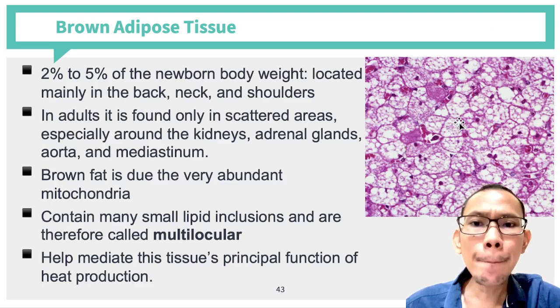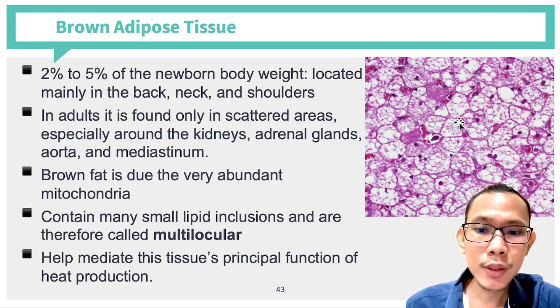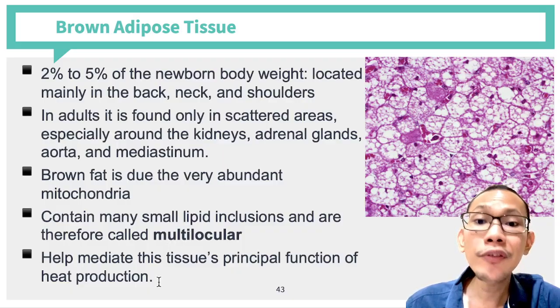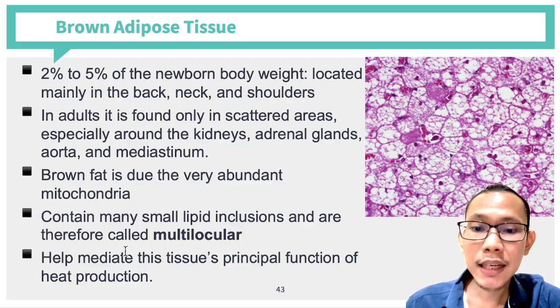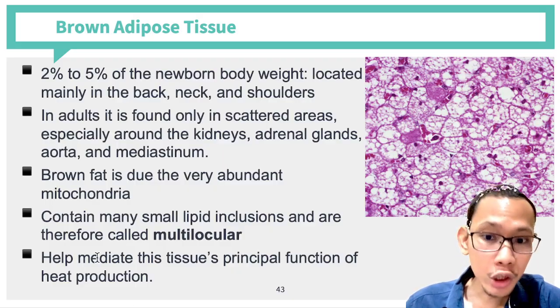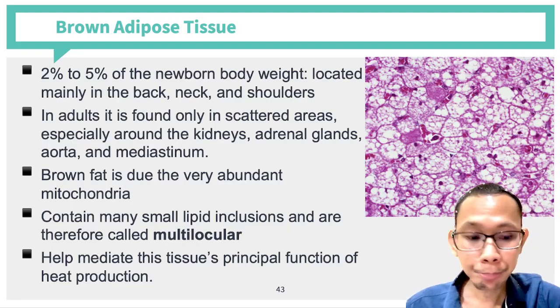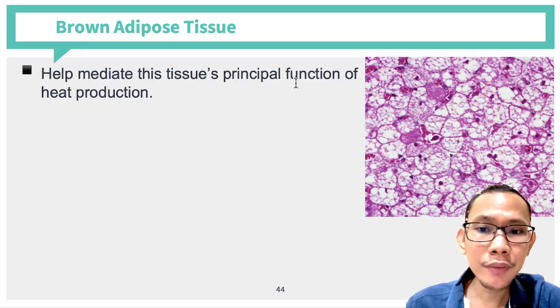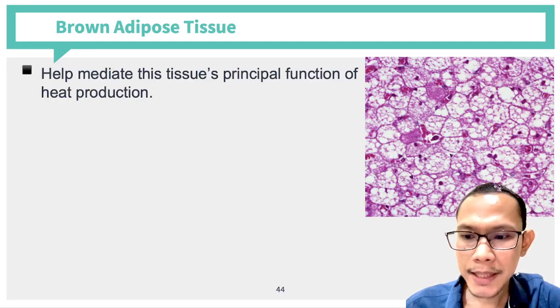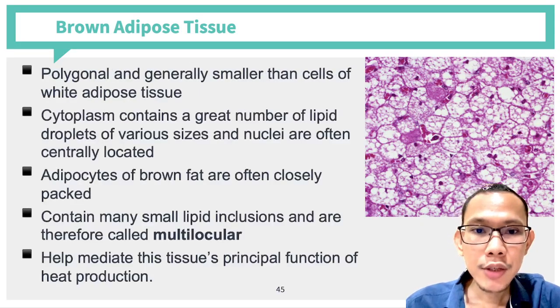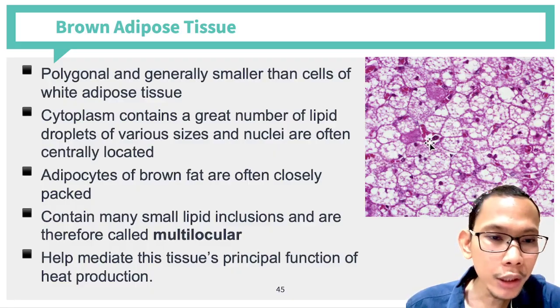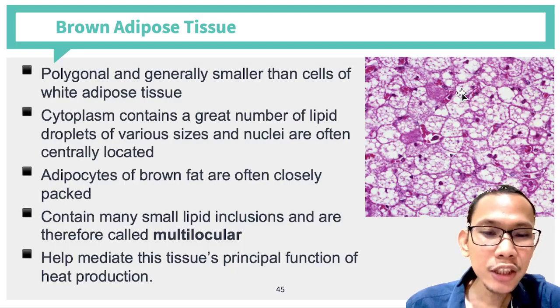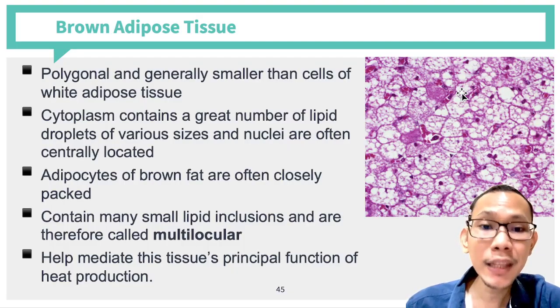So, what is the basic function of brown adipose tissue? It helps mediate the tissue's principal function of heat production. So, basically, thermoregulation, heat production. In terms of morphology, the cells are polygonal, in different shapes, generally smaller than cells of white adipose tissue.